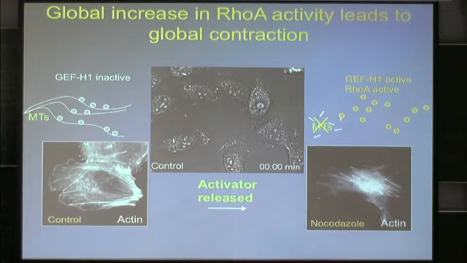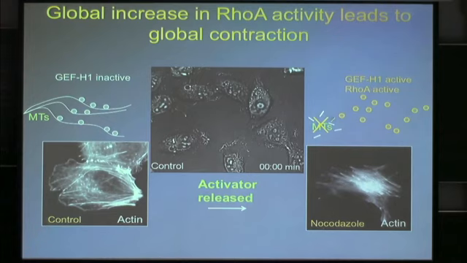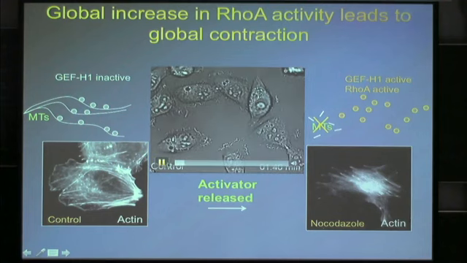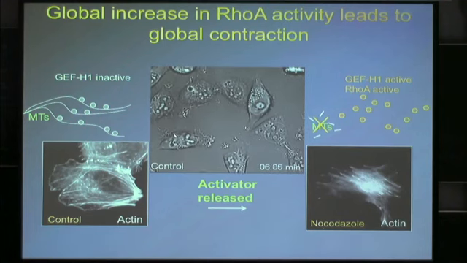When they are perturbed or dissolved, this GEF is released from microtubules and is activated by that, so it can activate RhoA downstream. So this is something we often do. Actually, it's a very simple assay and very well known.